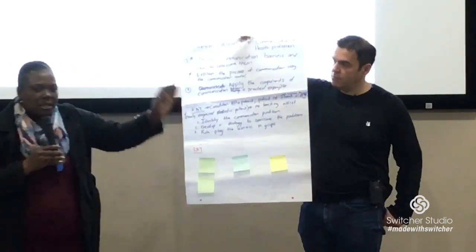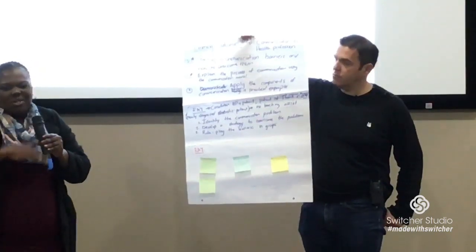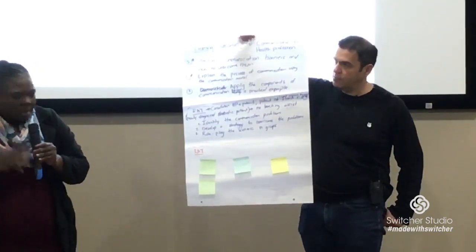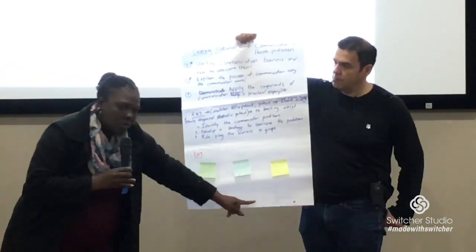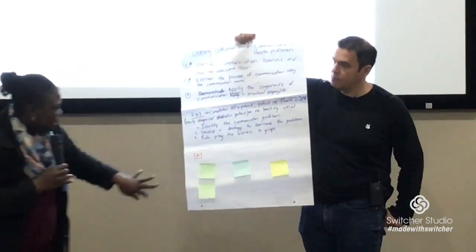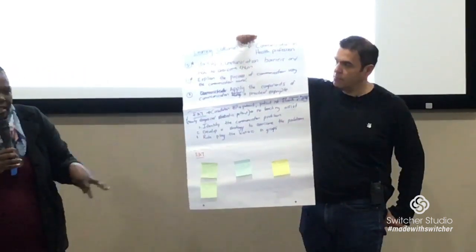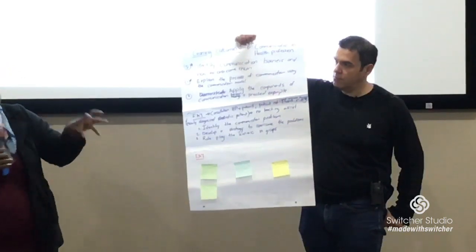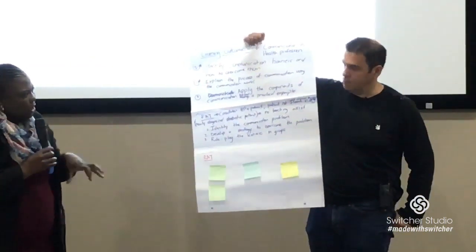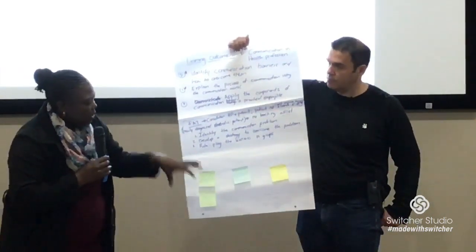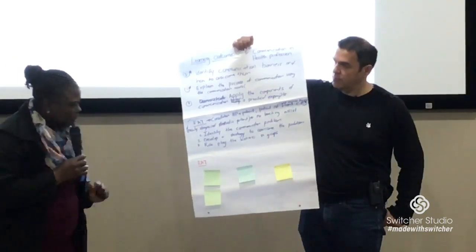That would be the message going to the sender, and then there's the interface, where there's your noise and all the barriers. Then there's the receiver, and then there would also be a feedback loop. The other question is, in what phase will you find the language barrier? Obviously, it's in the interface. So the students need to identify in what phase of the communication model you find the barriers.